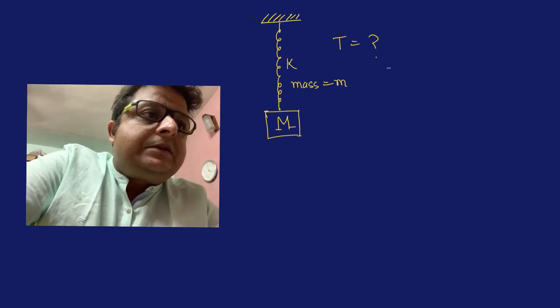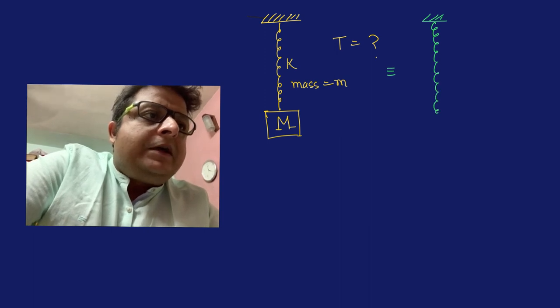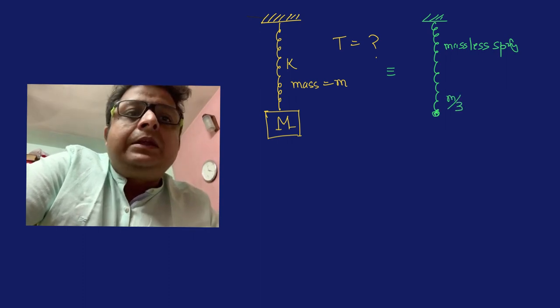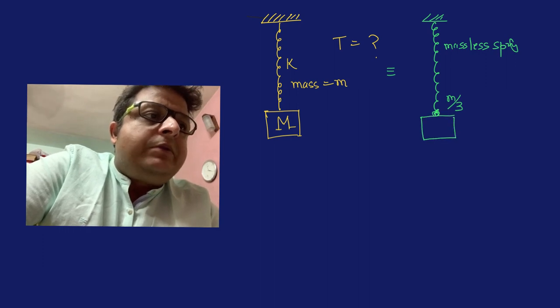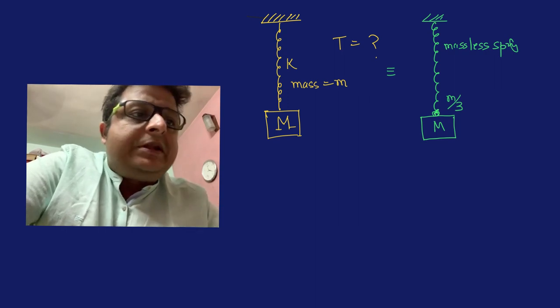So, a spring with mass is equivalent to a spring without mass. Say you have a massless spring, and the effective mass is 1/3 of the mass of the spring, which is concentrated at the end. That means the end which is moving, and there you have this mass capital M. And what will be the time period?